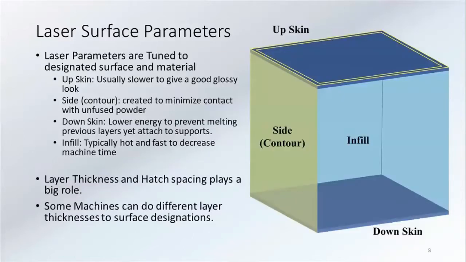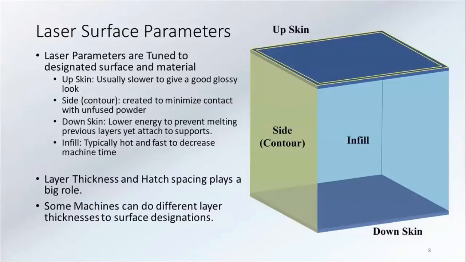Along with the laser parameters, a lot of the laser parameters are set based on what surface you're working with. So I know my layer thickness typically, and I'll set my laser power and my scanning speed, which are the two main ones that I'm going to adjust.